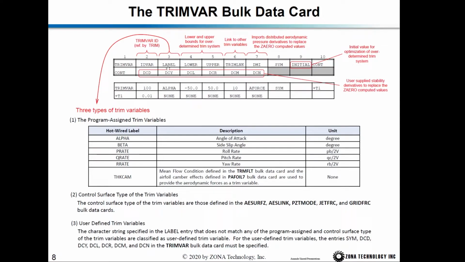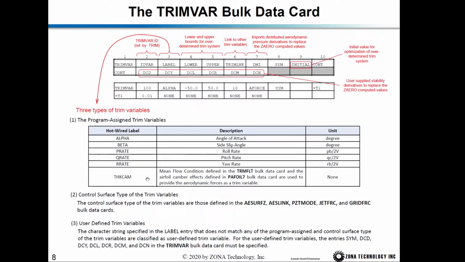Okay, let's go back to the trim variable. This is the program assigned trim variable. If the label you type here does not match the program assigned trim variables, but it matches the label of a control surface, then this is a control surface type of trim variable, because it matched the label entry in the ASUBZ card, AESLINK card, the PCT mode, and the jet force and grid force cards.